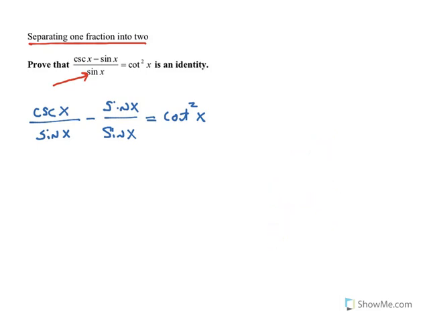And once we have the fraction split, we can go ahead and look to simplify. So we know that sine is the reciprocal of cosecant. So on this first fraction we have cosecant of x, and then this is 1 over cosecant.